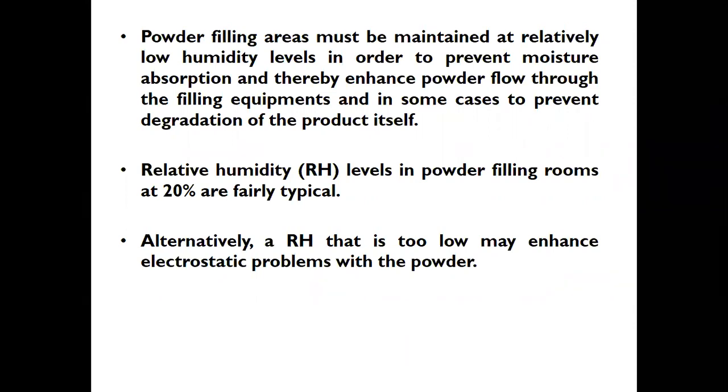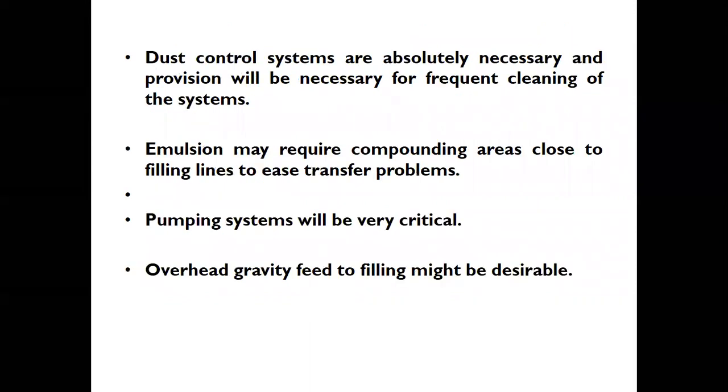Too low relative humidity may cause electrostatic problems with the powder. Dust control systems are absolutely necessary and provision will be necessary for frequent cleaning of the systems. So to avoid the dust contamination in the formulation, there is need of dust control systems in the production area.